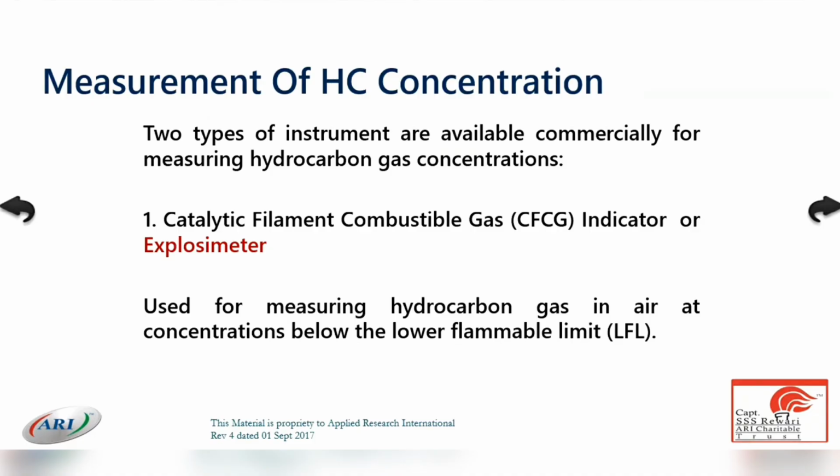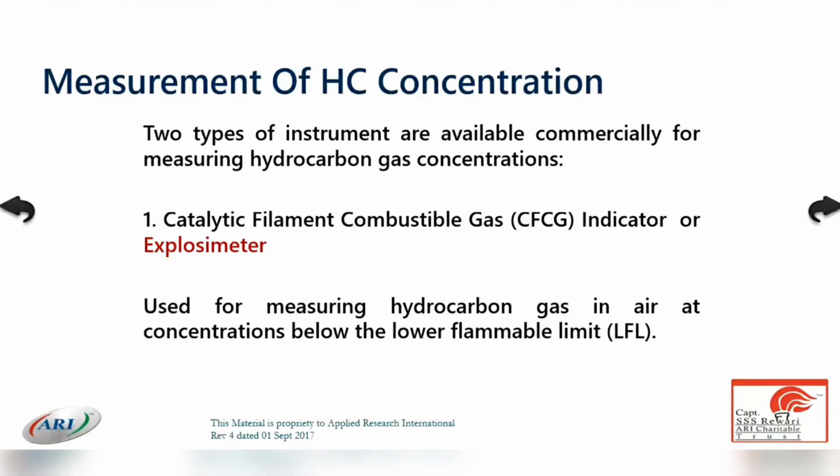In the explosive meter, there is a creation of heat. Oxidation is taking place, and the temperature goes up. As the temperature of the filament goes up, there is an increase in its resistance. The Wheatstone bridge becomes imbalanced because of the difference in resistance among the filaments, and current starts flowing.